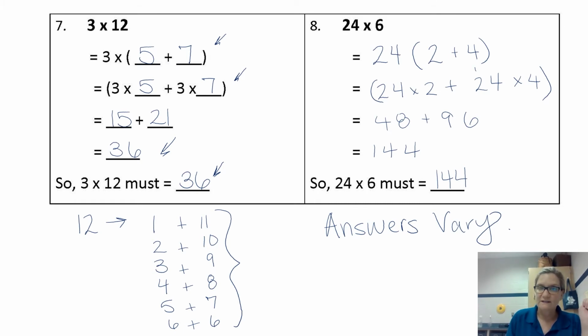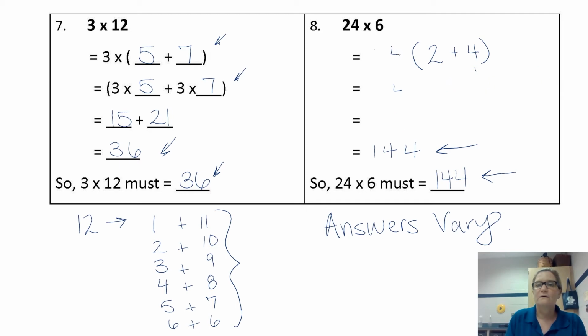Now, I'm going to tell you this has to stay the same and this has to stay the same because it's obviously the answer. So I'm going to erase this. I believe you did learn about the commutative property of multiplication, which means that we can write this as 6 times 24, which makes this much easier. Just do 20 plus 4. We're trying to use compatible numbers, easy numbers.